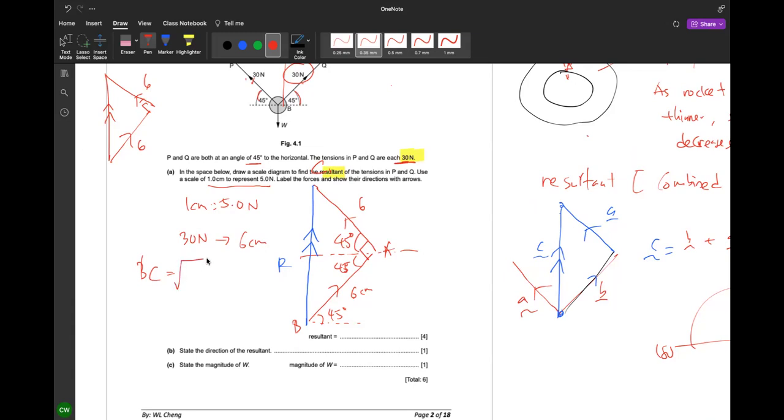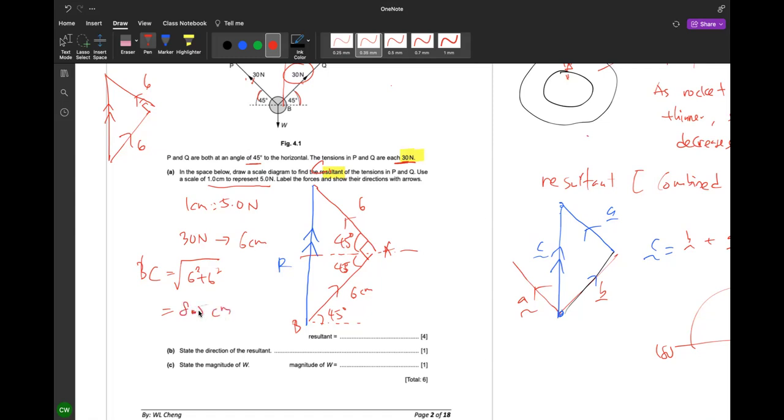Pythagoras theorem, right? So it's 6 square plus 6 square. How much is it? 用这个来找就可以了。找出多少？6 square plus 6 square. Square root of that. 8.48. 8.48, so 8.5.